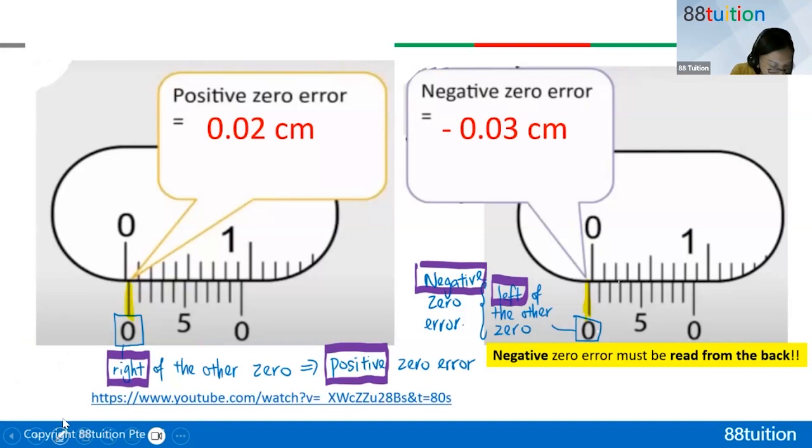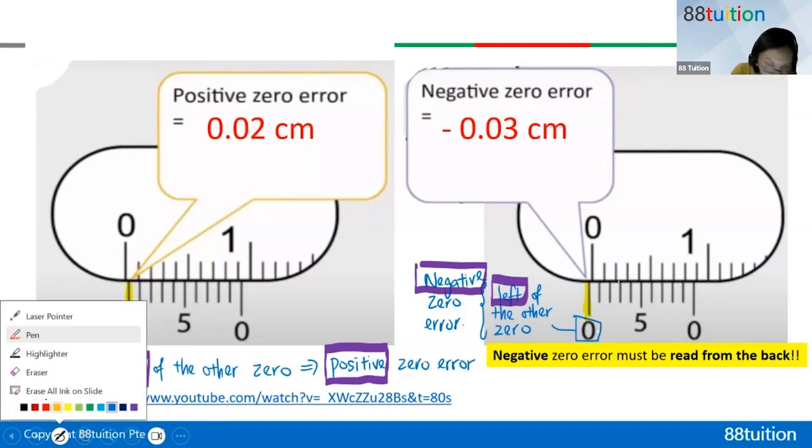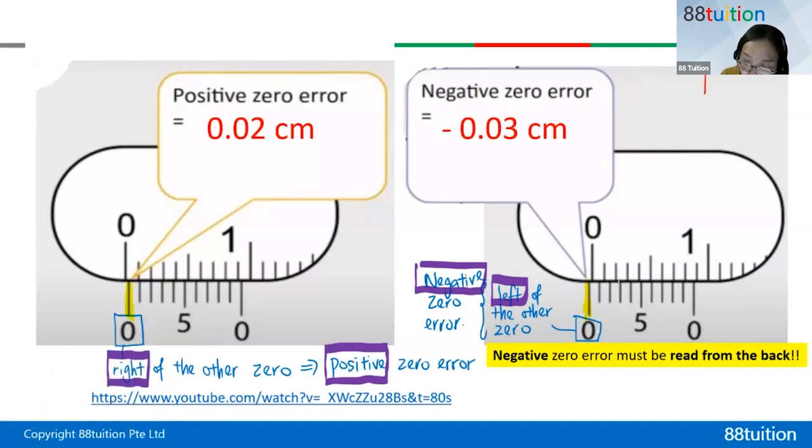Okay, so what I mean by right and left, I hope you all know. That means, for example, you have 1 0 here, and then you have another 0 here, and there's always a 0 below and a 0 on top. Okay, this is left, this is right. In terms of positioning, this is left, this is right.